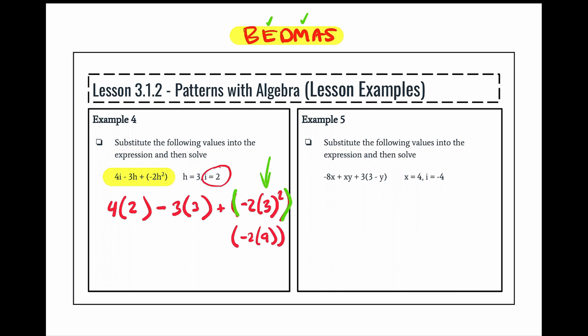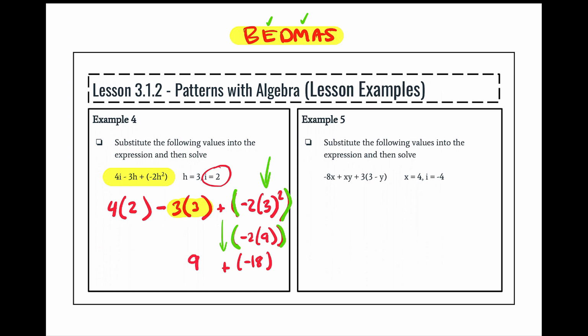Okay, I still have something that I can do inside these main brackets right here, which is negative 2 times 9. So it's okay for me to keep those brackets there. Negative 2 times 9 is negative 18. Now I'm going to bring down this plus, put it right here, and I'm going to deal with this little section right here, which is some multiplication. 3 times 3 is 9.